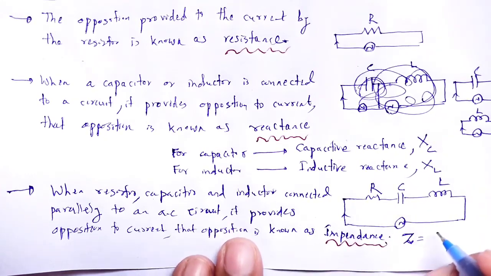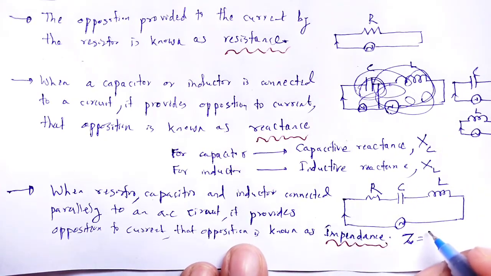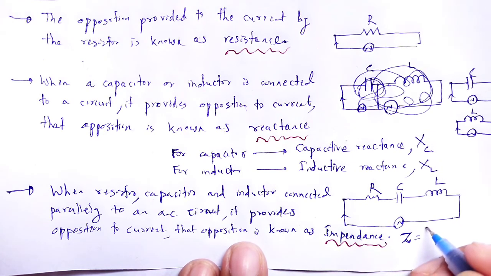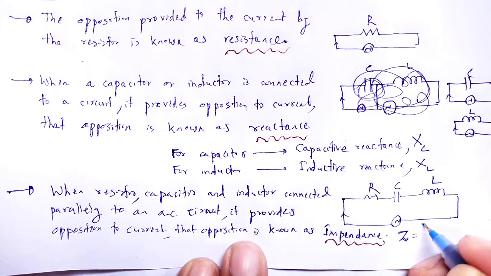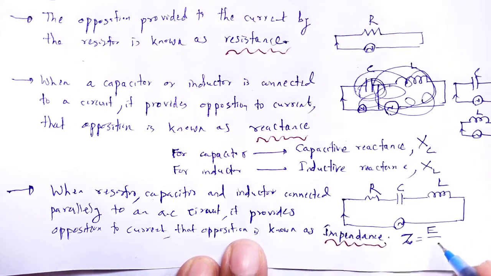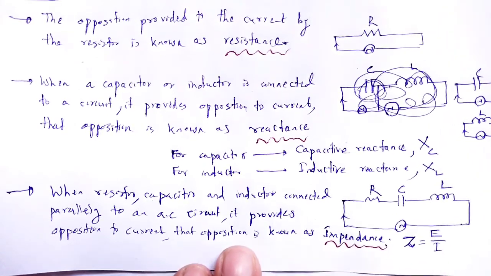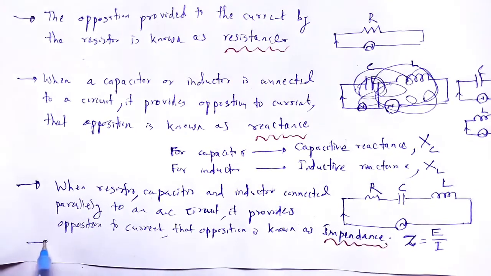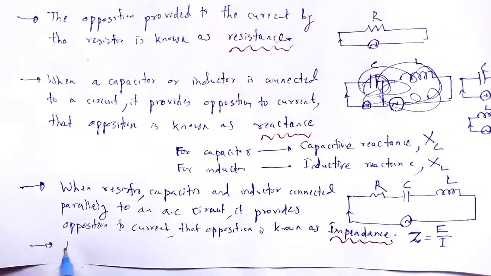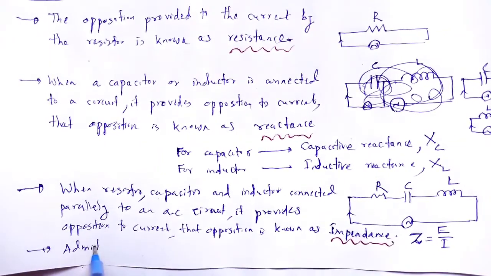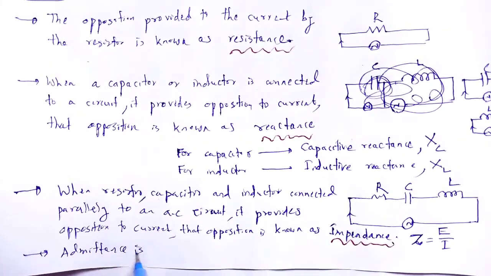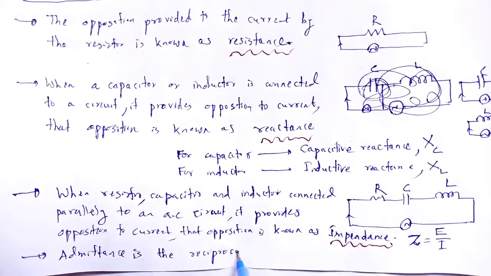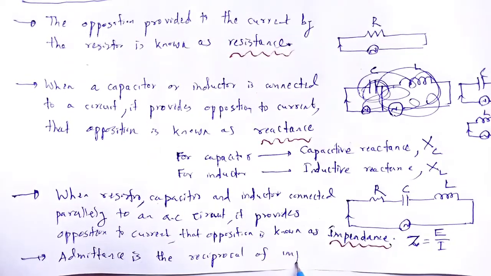So, the total opposition means the total potential drop to the current. Next, admittance. Admittance is the reciprocal of impedance.